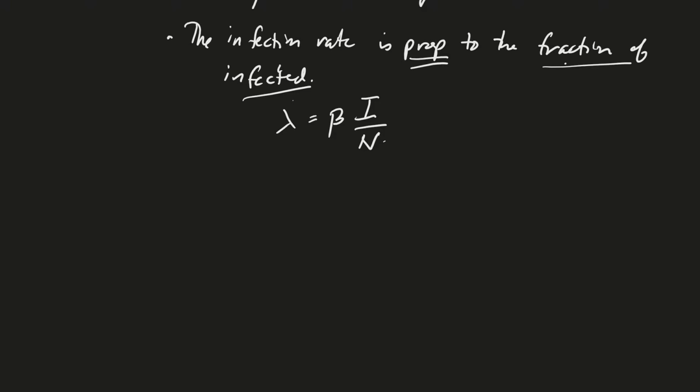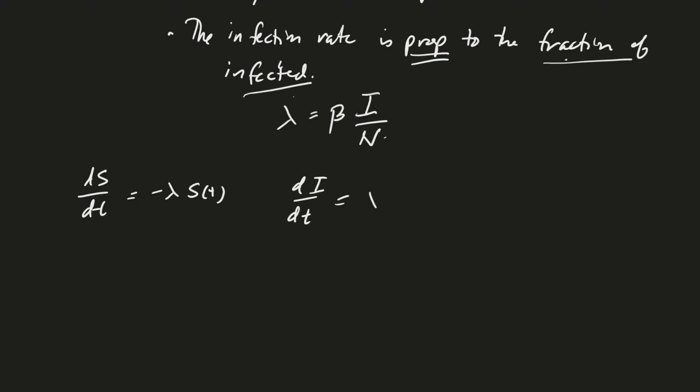All right, and so now I think we can write down our equations that define the three things. So what is the rate of change? The rate of change of the susceptibles is going to be minus lambda S of t. And then the rate of change of the infected, right, it's incoming from the susceptible, so that's just lambda S of t, right? But then the infected also has a loss.